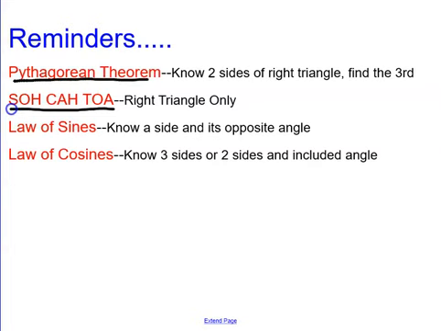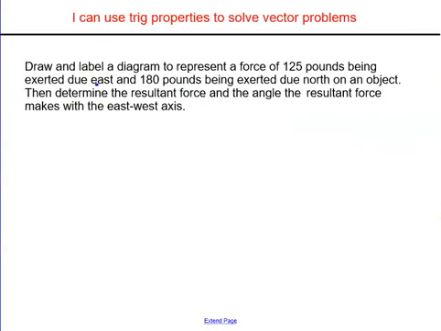So these are both for right triangles. Then we use law of sines and law of cosines when it's not a right triangle. For law of sines, you have to have a side and its opposite angle. If it's not a right triangle and it doesn't have an angle and opposite side, you have to use law of cosines. So we're going to look at three different situations, okay?